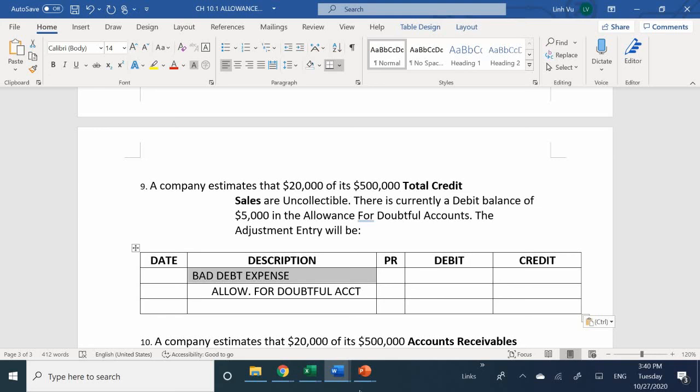The company estimates that $20,000 of its 500,000 total credit sales are uncollectible. Okay, stop there. So it's 20,000. We established that it's the income statement, right? Yes. Total credit sales. So it's just 20,000. We don't care for the allowance for doubtful accounts because it doesn't appear on the income statement. Good.